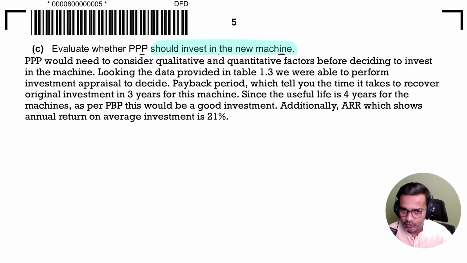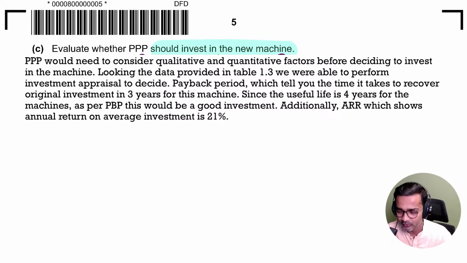Now how do you know ARR is good or bad? Well, you compare it either to any other investment opportunity that might be discussed in the case study. If that's not given, you compare it to the interest rate in the country. If that's not given, then you still question the fact that, well, we need to still compare this to something before deciding this is good or bad. Okay? And I'm going to write that.